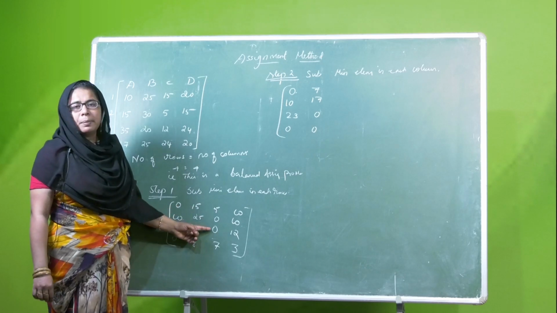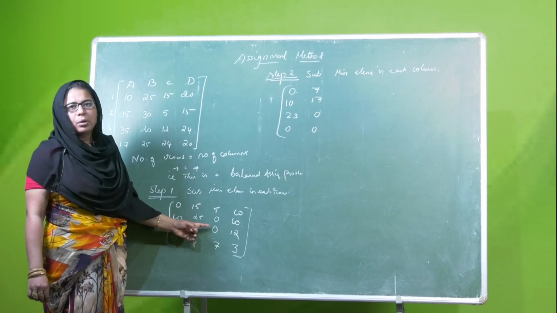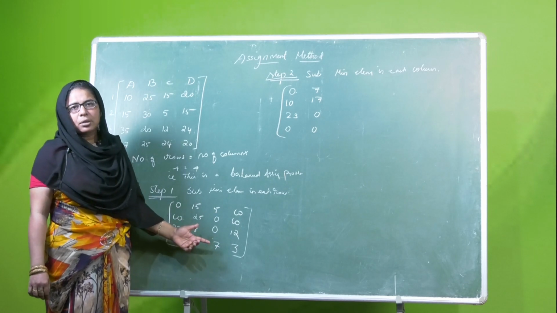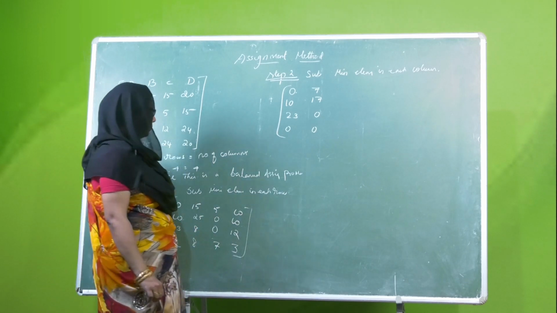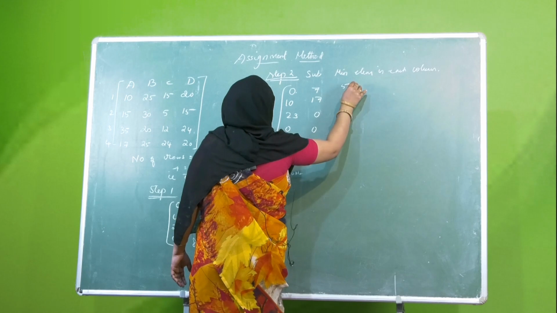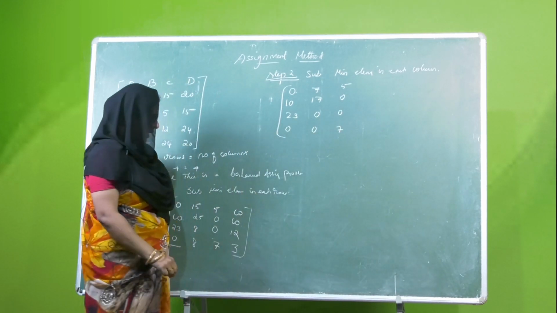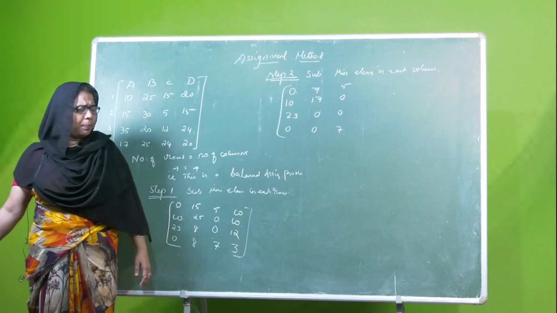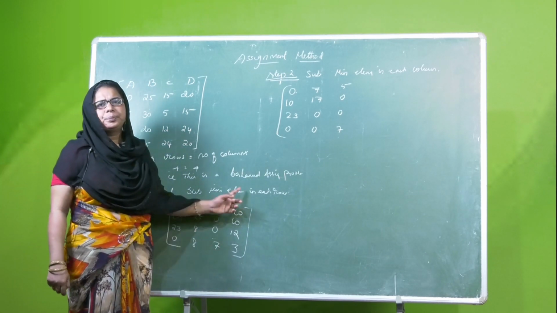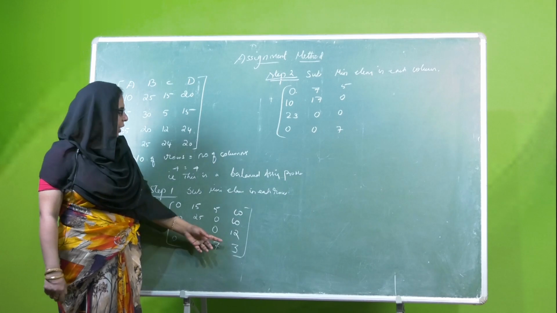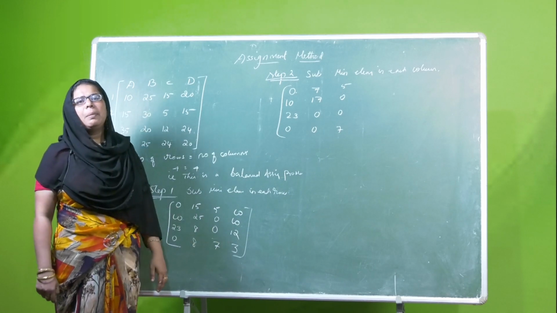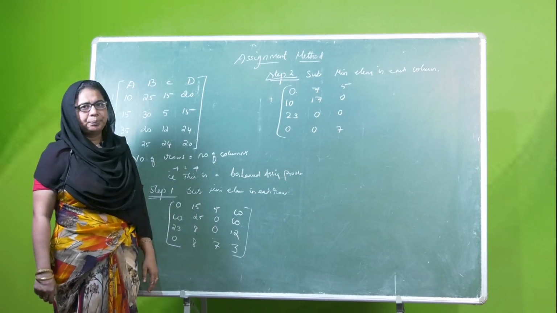What is the minimum element in the third column? The third column minimum element is 0. So, the third column remains unchanged. So, that is 5, 0, 0, 7. What is the minimum element of the fourth column? 3 is the minimum element in the fourth column.